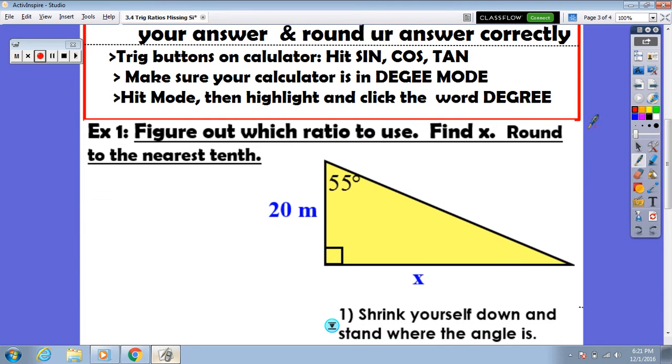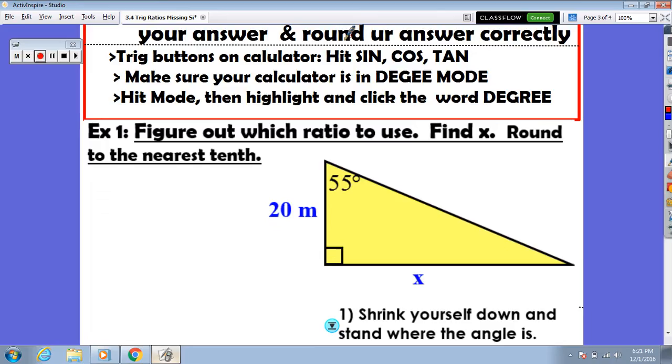So whenever you're going to use any of our trig buttons on our calculator, you have to make sure that your calculator is in degree mode. Okay, I know we're not finding angle measurements today, but we just want to make sure anytime that we're using cosine, sine, and tangent that our calculator is in degree mode. So again, turn your calculator on, and then hit the mode button, I just want you to peek and make sure that the word degree is highlighted.